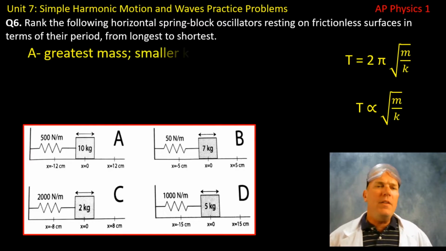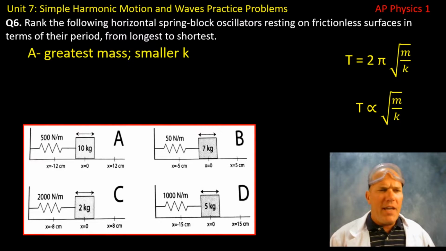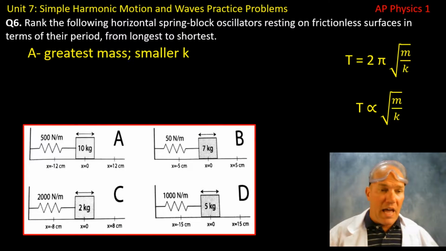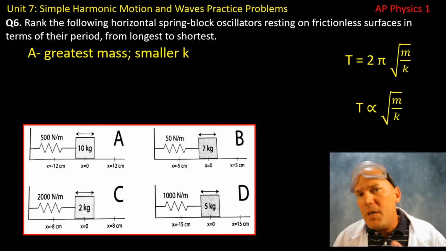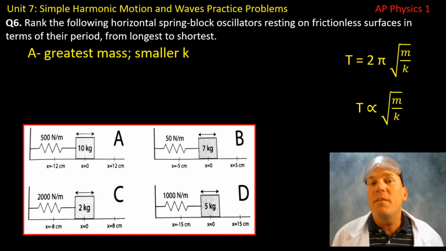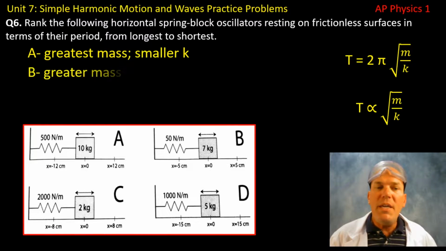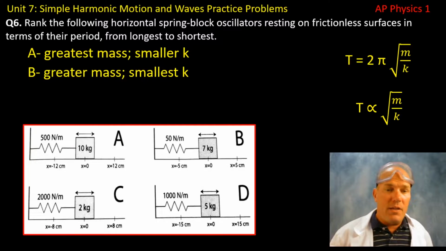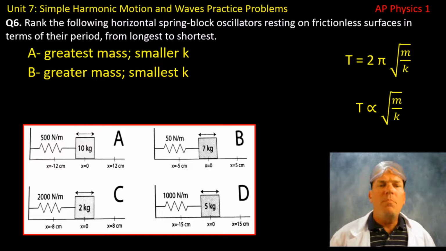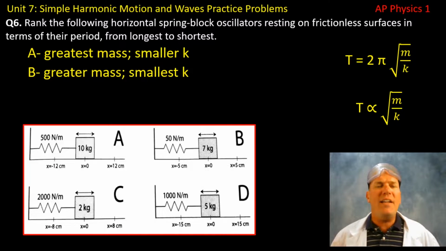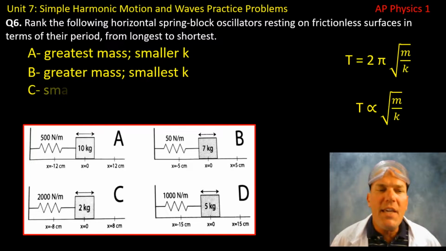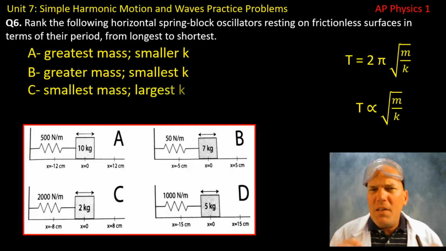So if we look at these, let's go ahead and get some information out. For A, we have the greatest mass out of all, 10 kilograms, but a smaller K, relatively speaking. In B, we have a large mass of 7, but we have the smallest K, in fact, an order of magnitude less than A. For C, we have the smallest mass.